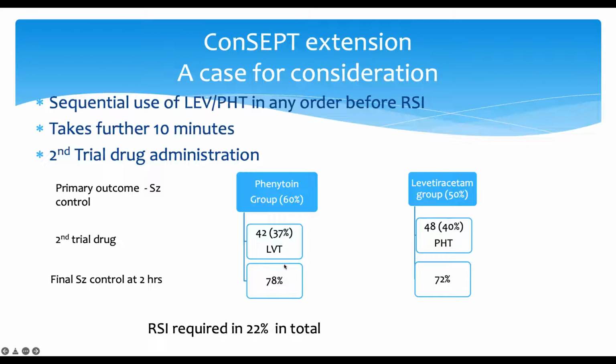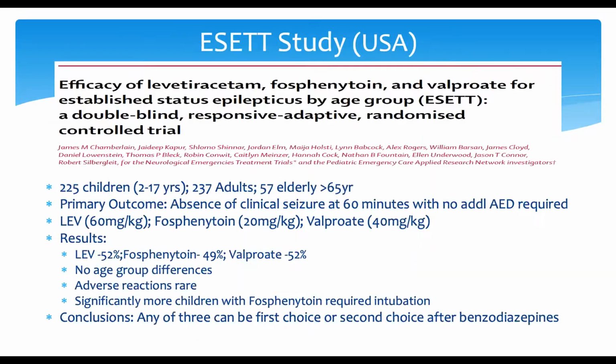So total comes up to 78% having added 2. Similarly, in levetiracetam group, they added another 40%, so nearly 90. Totally, it comes to 72% total success rate at the end of 2 hours. So it's only 22% of all these cases required rapid sequence induction. But obviously, this secondary outcome was not in their main conclusion of their study.